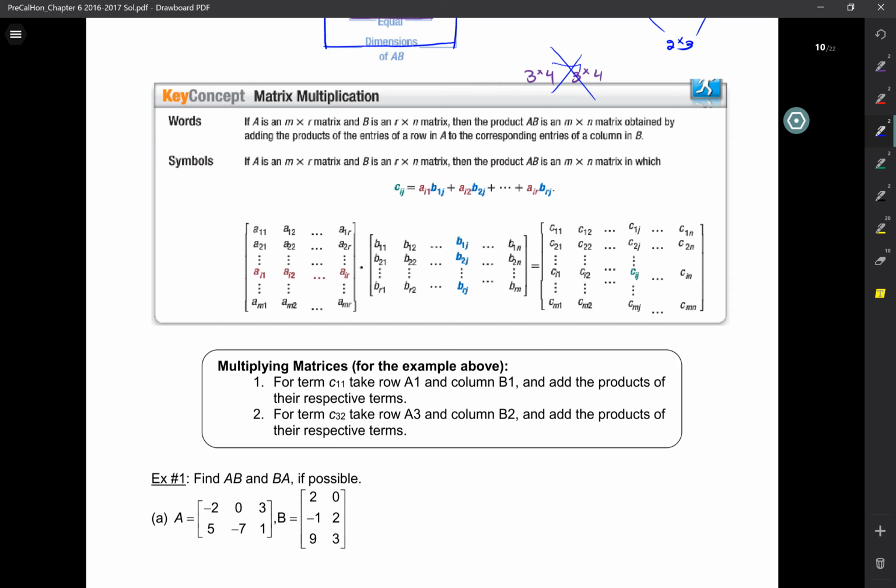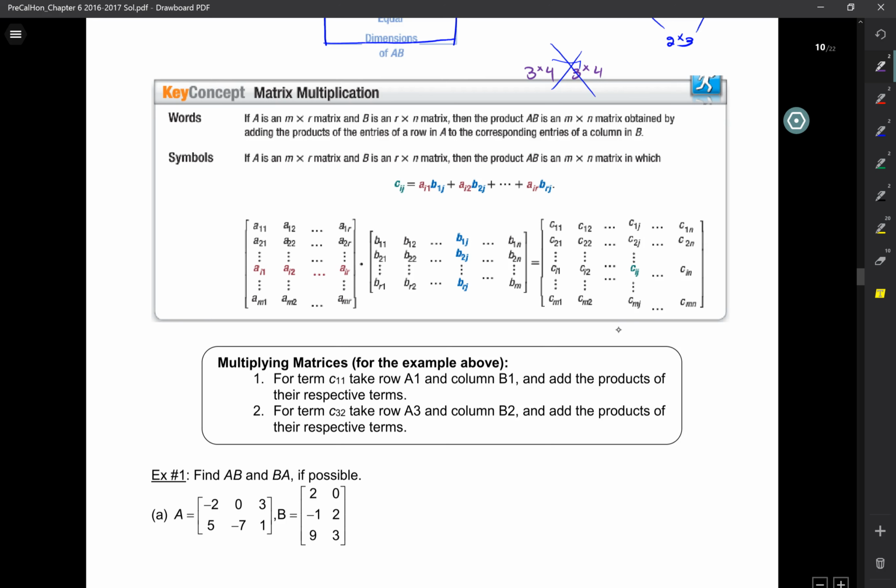Now, multiplying works like this. So suppose you're multiplying an m by n matrix. The way it works is the following. You first figure out what dimensions your product matrix is going to have, and you write down the matrix with those same dimensions. Now, suppose I'm going to work on that first entry, row 1, column 1.